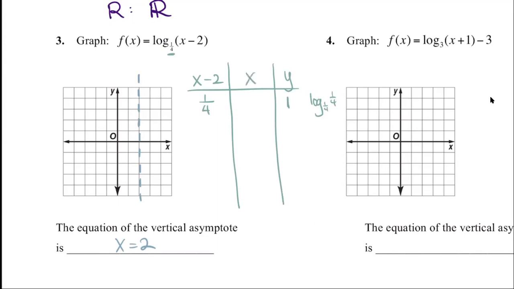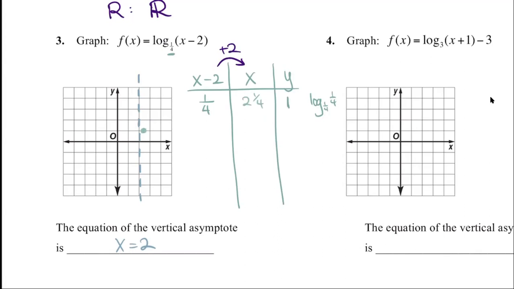If x minus 2 is equal to 1/4, what does x have to be? 2 and 1/4. Yeah, exactly. Because from here to here, I need to add 2. So just add 2 and you get 2 and 1/4. Perfect. All right, so I'm going to plot that 2 and 1/4, and that gets me 1.